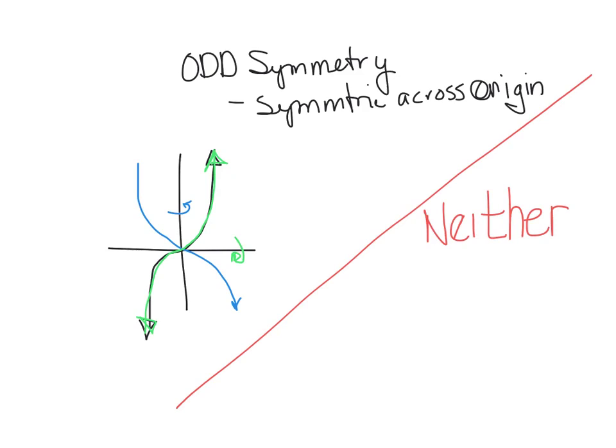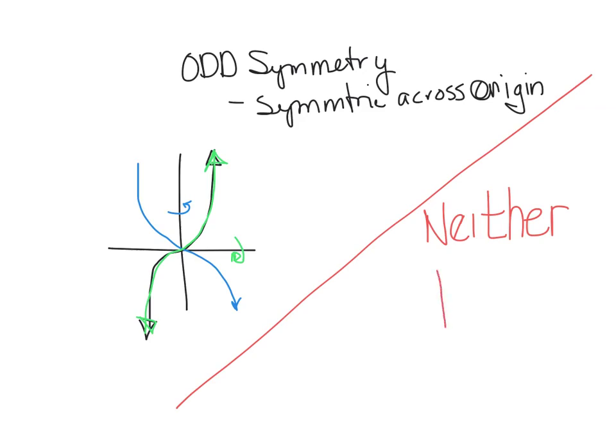Now, when we looked at our polynomials, we said they were even or odd degree based on that highest exponent. But symmetry isn't just even or odd, it's even, odd, or neither. Most of the time, our functions are going to be neither odd nor even symmetry.